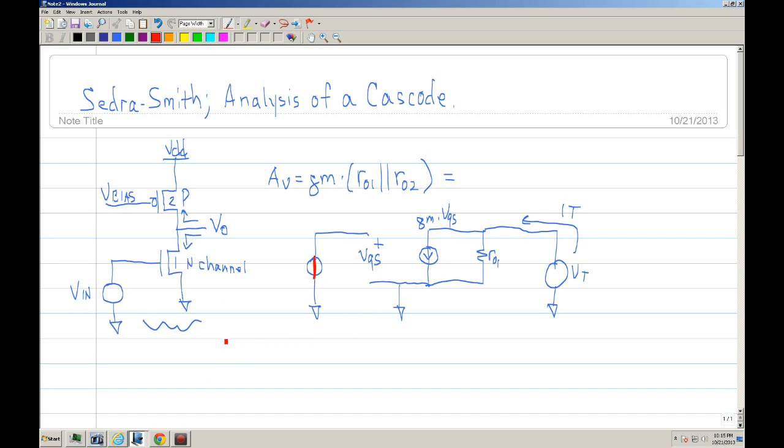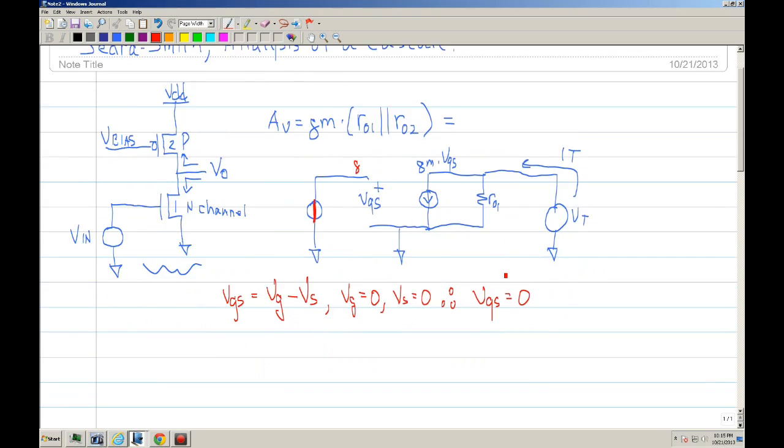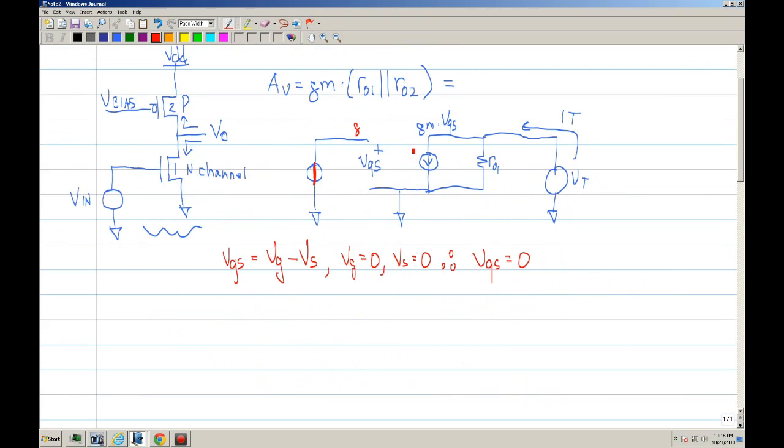I like to define vgs as vg minus vs. Here we see that this is G, it's connected to ground, so vg is 0, and vs is 0, therefore vgs is 0.